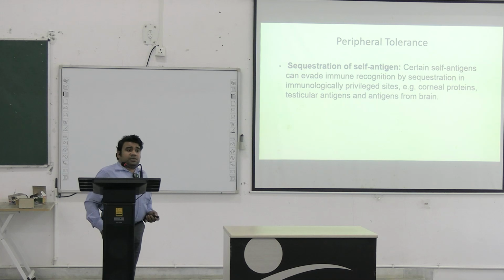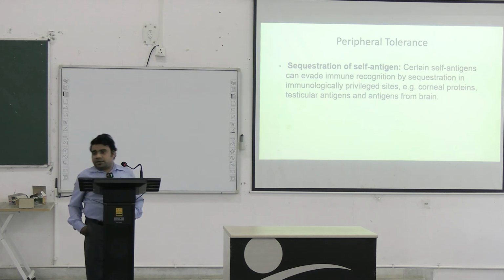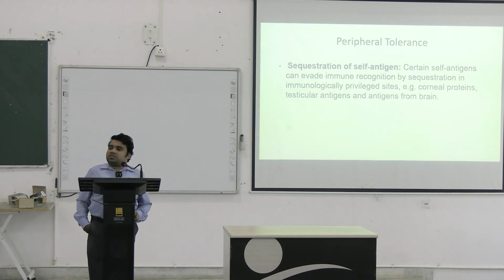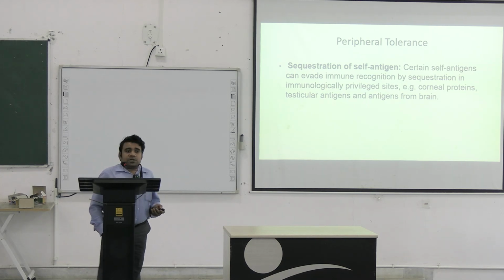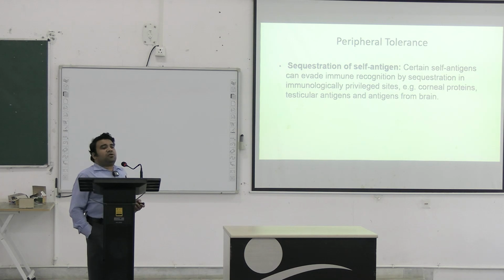Another important part is sequestration of self antigen. In anatomy classes, we have learned about some of the proteins that are sequestered in the human body, like the corneal protein, lens protein in the eye, and spermatozoa. They are not exposed to the immune system. Hence, the human body cannot recognize these antigens.